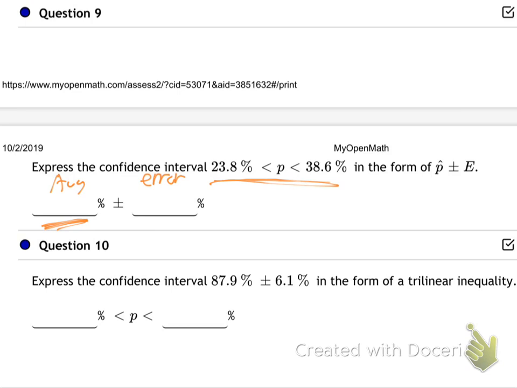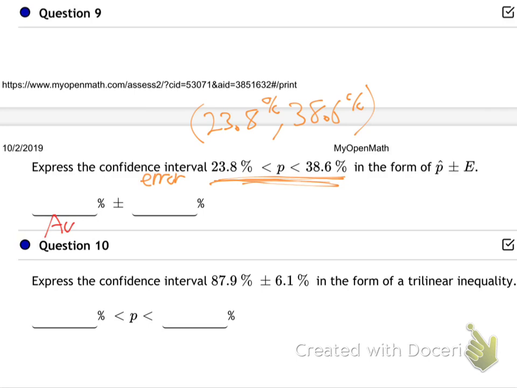So whenever you want to go from the 2 numbers, this is like the range, isn't it? This is like the parentheses, basically. 23.8 to 38.6, like that. That's the same thing as this. Whenever you want to go from that, you've got to start by finding the average.